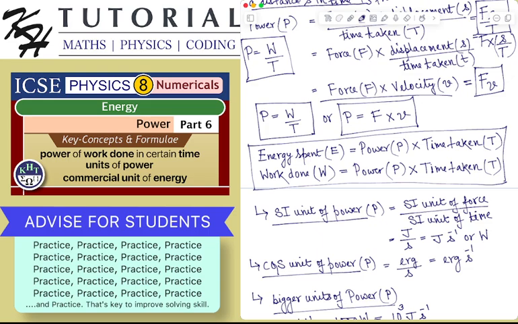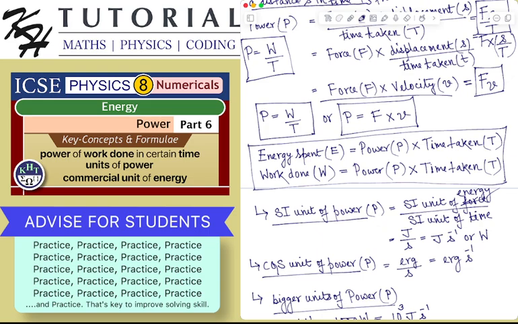No, this is wrong. It should be SI unit of energy, because power is work done by time, and work done is force multiplied by distance. Anyway, work done is energy, and the SI unit of energy is joule. So it will be joule divided by second, or joule per second.